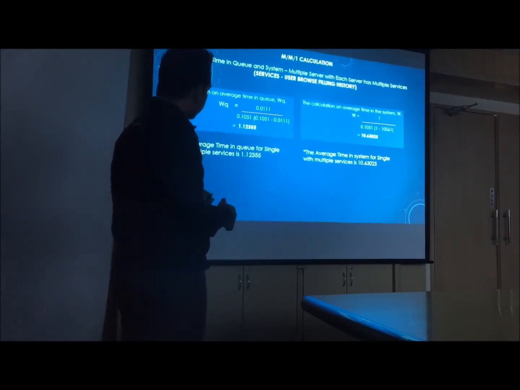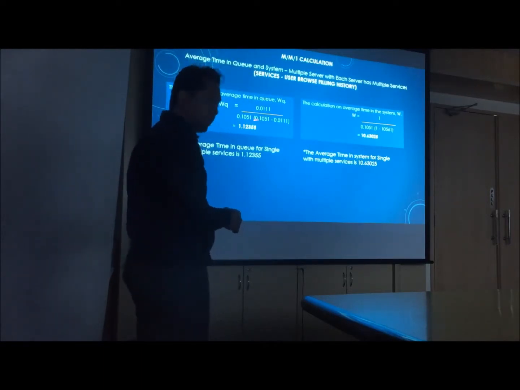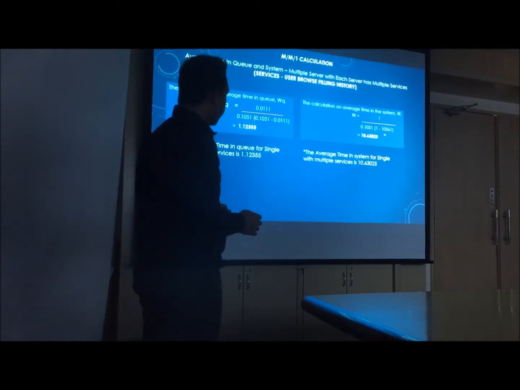This is the service of user browsing the file history. This is the calculation, and this is the data that we get: 1.12355, and the average time in the system we get is 10.63025.